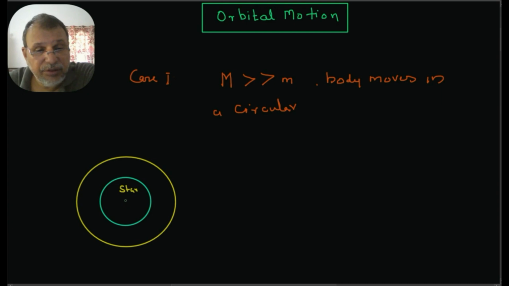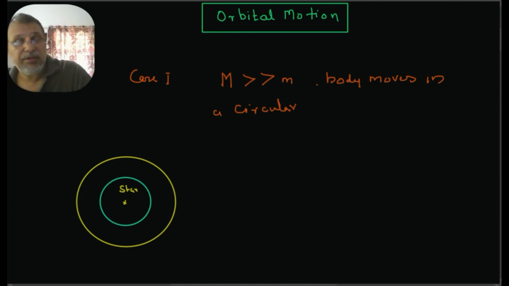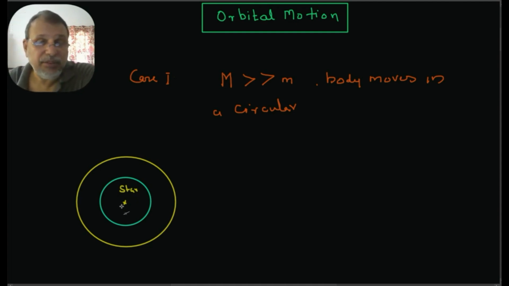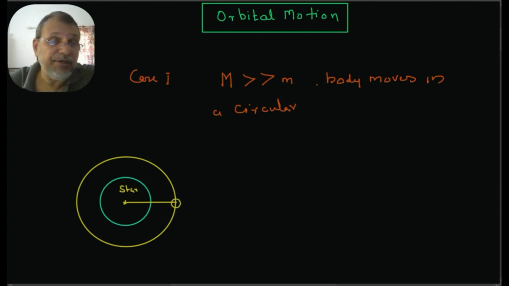And this is the center of mass of the star, which is much heavier compared to the mass of the planet, which is revolving around the star. So here we have a planet, a tiny planet for that matter.